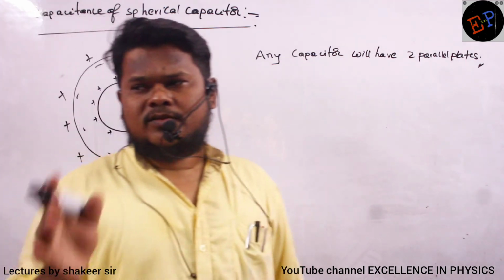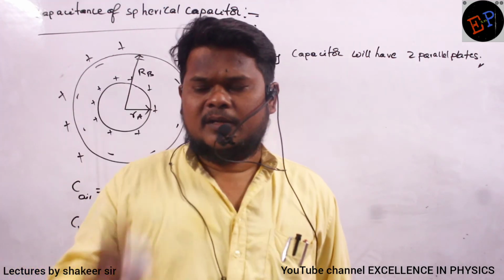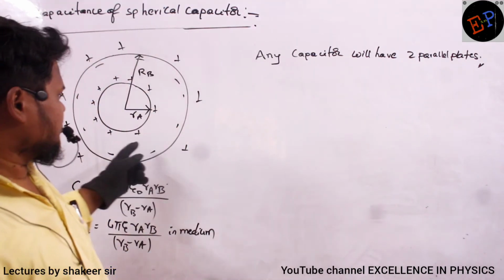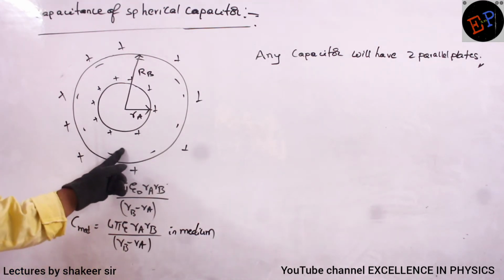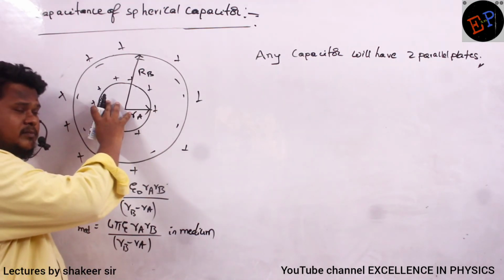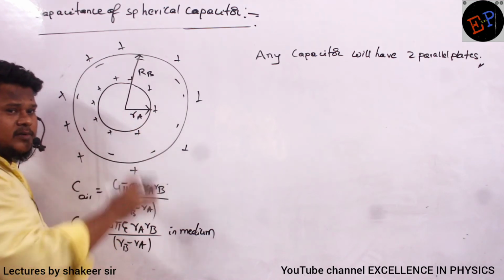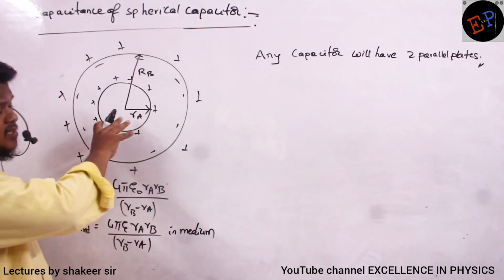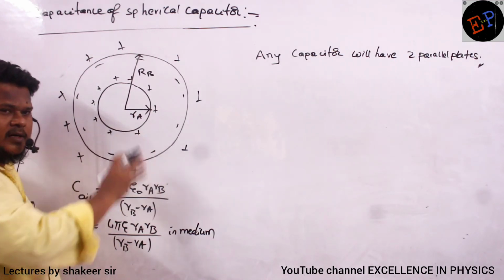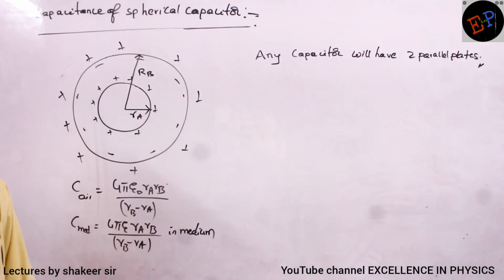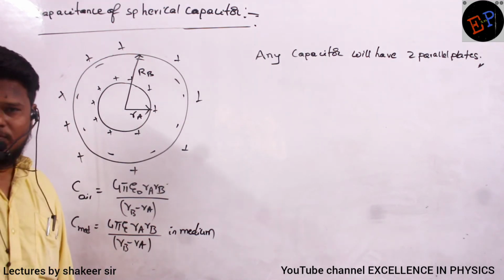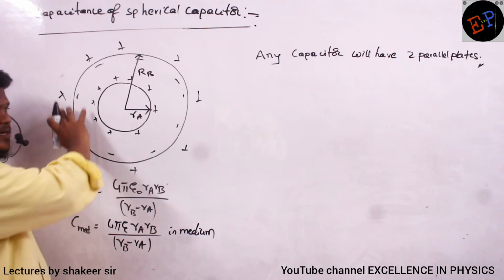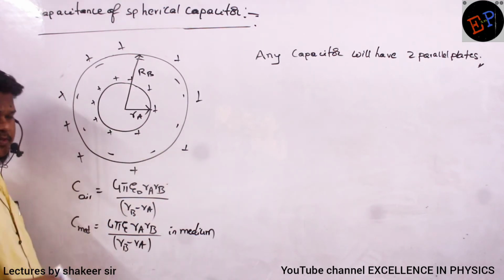Always we place two plates in parallel for a parallel plate capacitor. So this is also a parallel plate capacitor only, no? The inner sphere and outer sphere are parallel to each other, so this also behaves like a parallel plate capacitor. Are you able to understand? Every capacitor is a parallel plate capacitor.